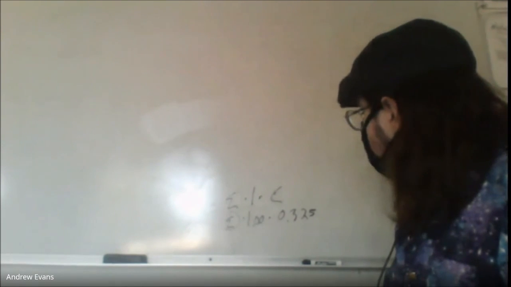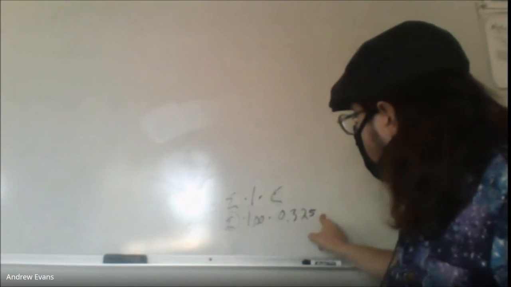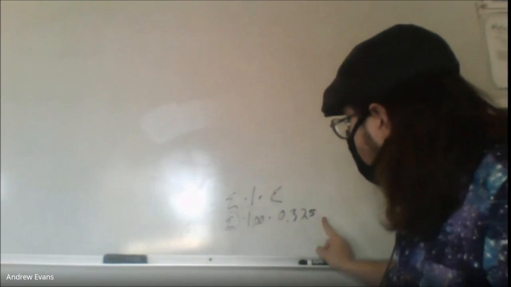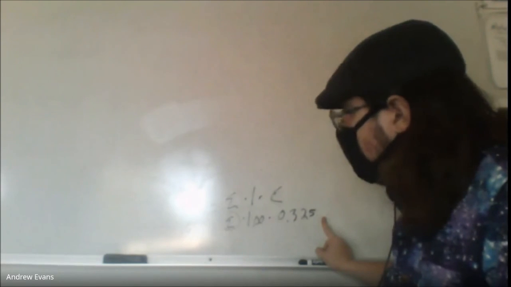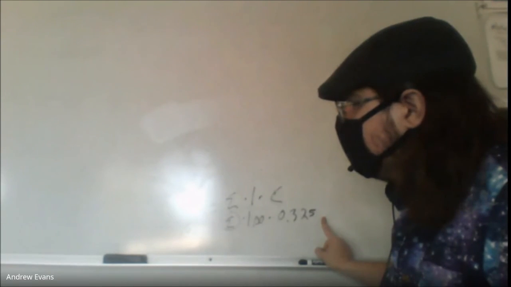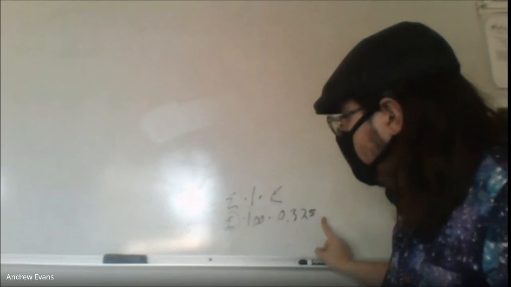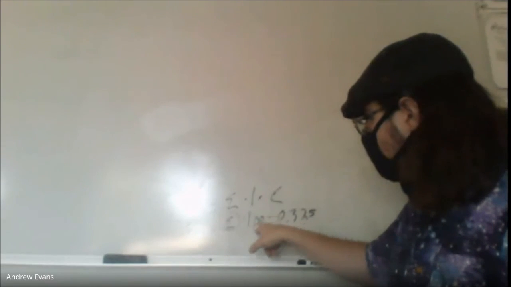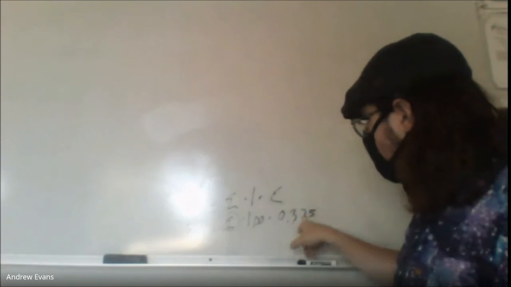But they give you that, it's 0.325. They say the absorbance of a sample of 0.325 passing through a path length of 1 centimeter. They give you the absorbance, they give you the path length as 1, and they give you the concentration as 0.325.